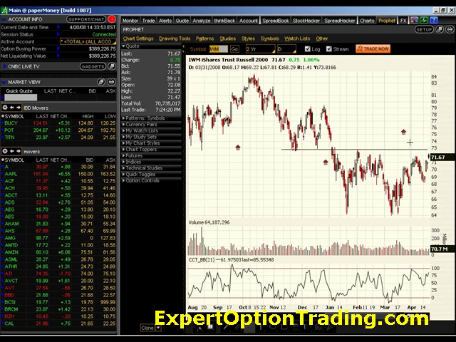Resistance points usually have been prior support points, and you can see that when the IWM Russell 2000 started to decline, this price level here was a support. In other words, it held the price before and it went back up. It held it again here and then went back up.